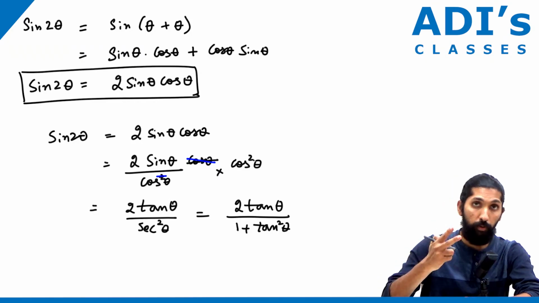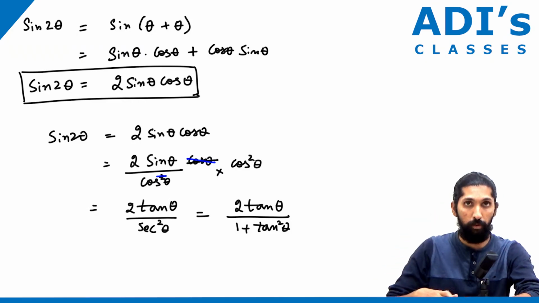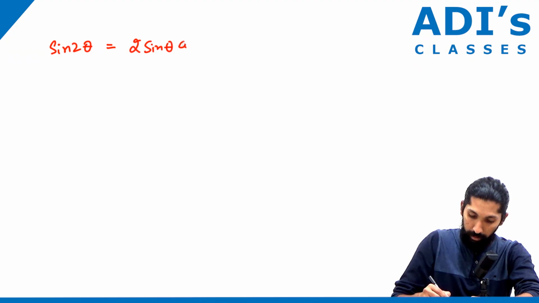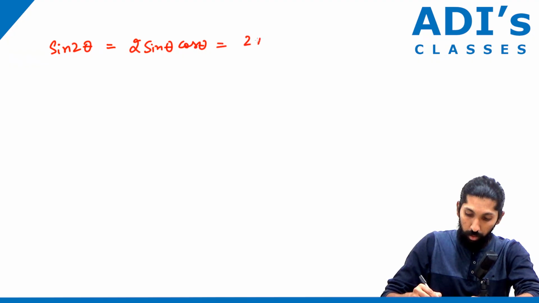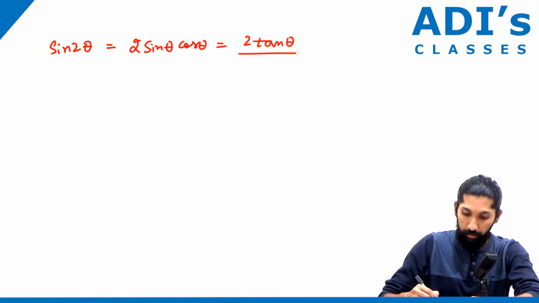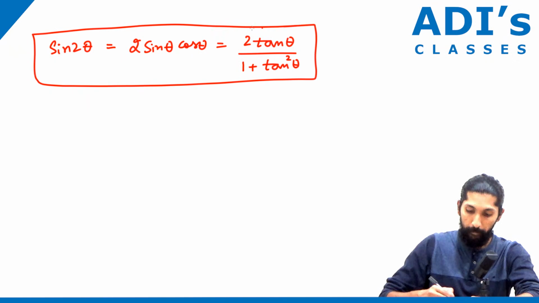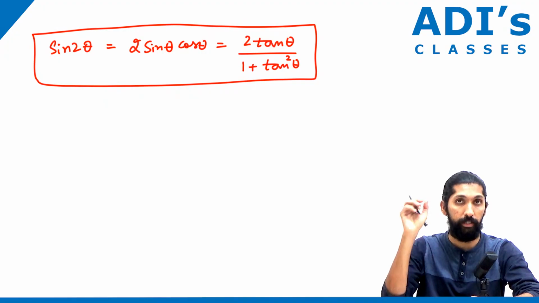So there are two formulas for sine 2 theta. Sine 2 theta is equal to 2 sine theta cos theta, this is one, or this is also equal to 2 tan theta divided by 1 plus tan square theta. These are the two identities of sine 2 theta.